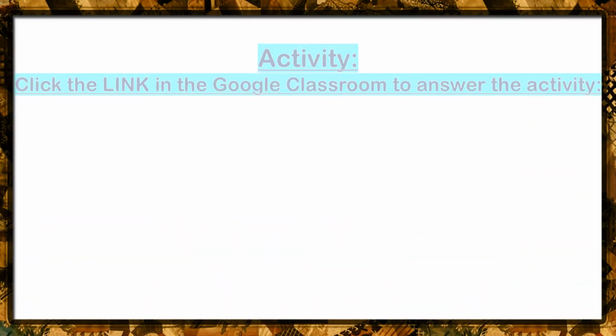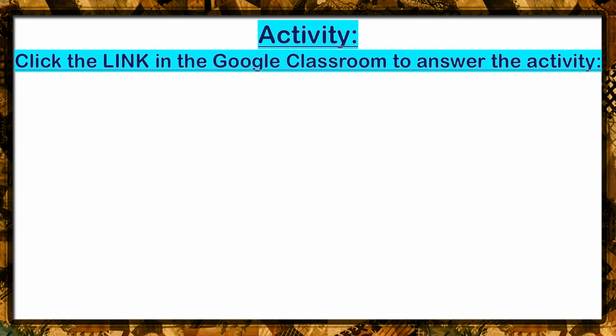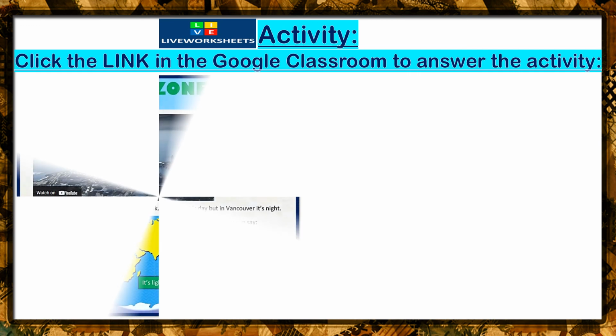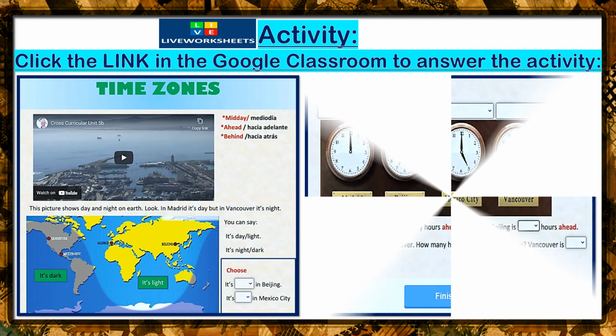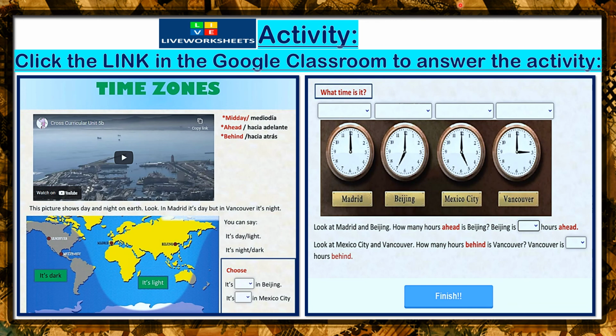For your activity, click the link in the Google Classroom to answer your activity, which is a live worksheet. All you have to do is click the link and answer it. I explained it already to you in our virtual class. Click this arrow down here to see the choices.